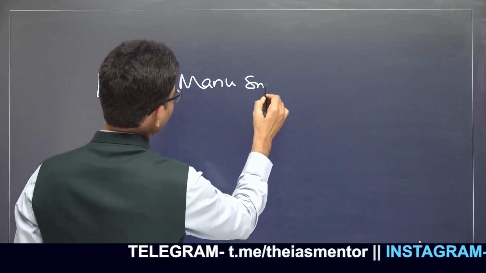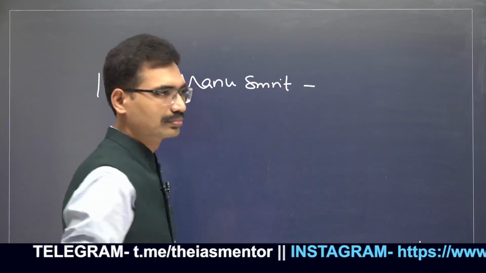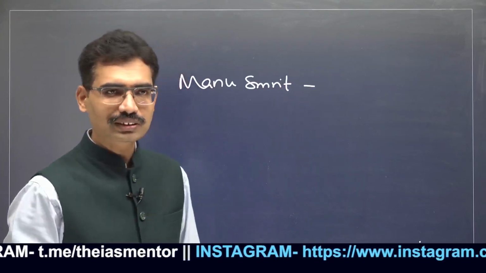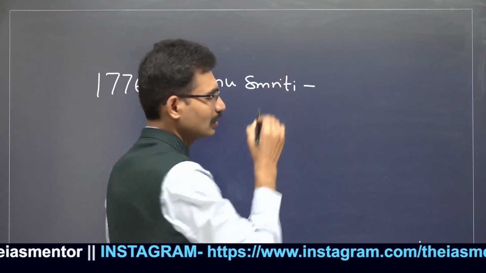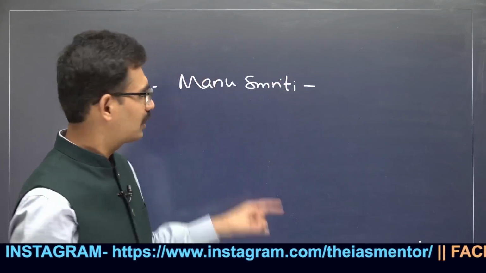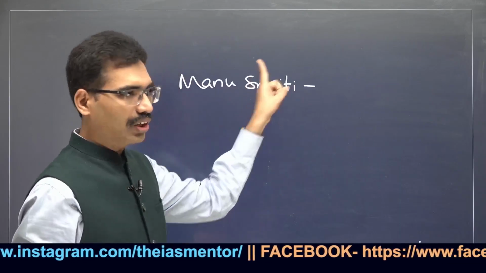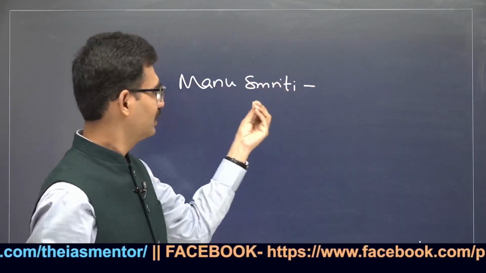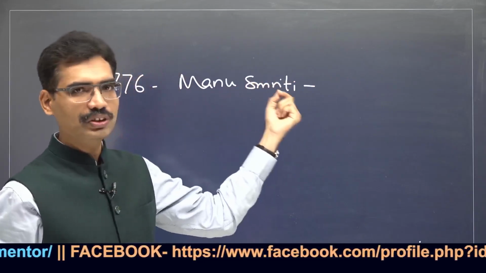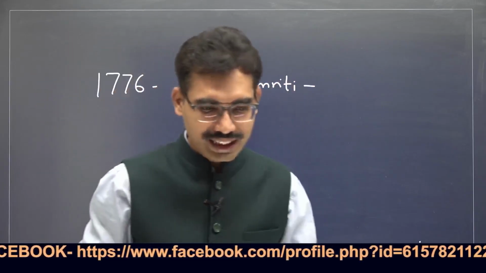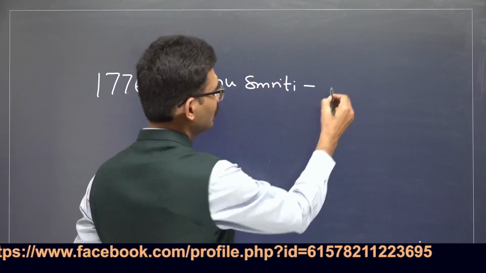Manusmriti. Dharma Shastras are important for Hindu laws. Pandits were strong in Manusmriti, Dharma Shastras. The English also wanted to know the content of this. In 1776, Manusmriti was translated into English.